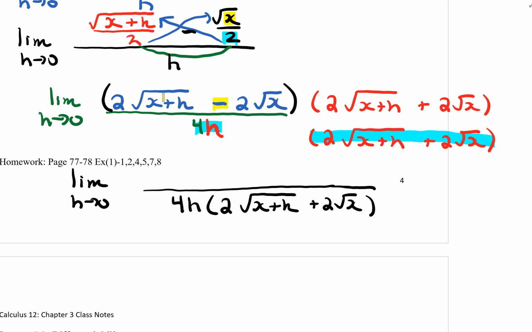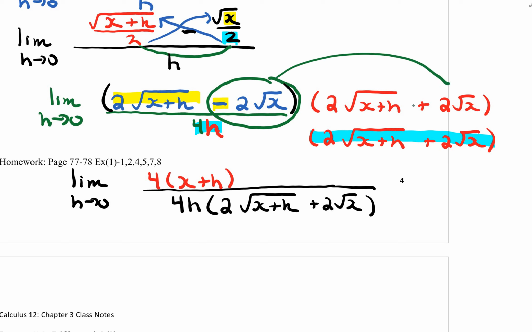If I take a look at this part right here, if you multiply that with this first term, well, 2 times 2 is going to be 4, and then root x plus h times root x plus h is simply going to be x plus h without the radical sign. And then if we take this part right here, this negative 2 root x, and multiply that with positive 2 root x, we get minus 4x.